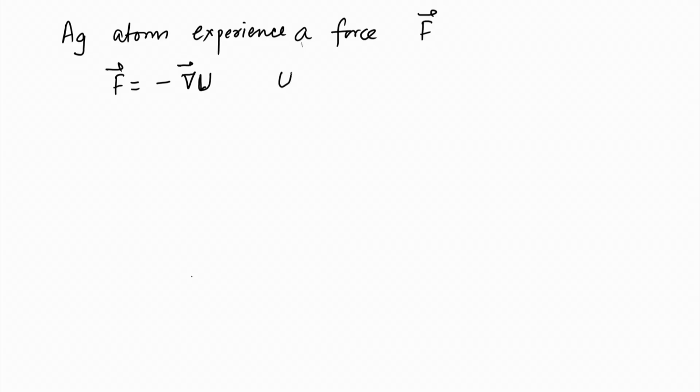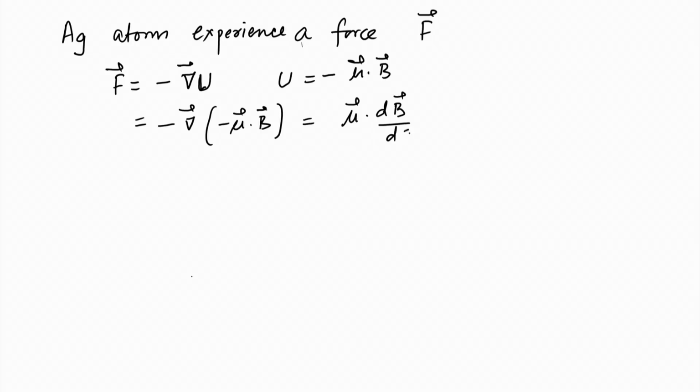Now, here U is equal to minus mu dot B, where mu is the magnetic moment of the silver atoms. So, if you put this U here, there will be a minus gradient of minus mu dot B, which, since the magnetic moment mu can be taken to be a constant, becomes equal to mu dot dB dz, and this can be written in a scalar form as mu z times dB dz.